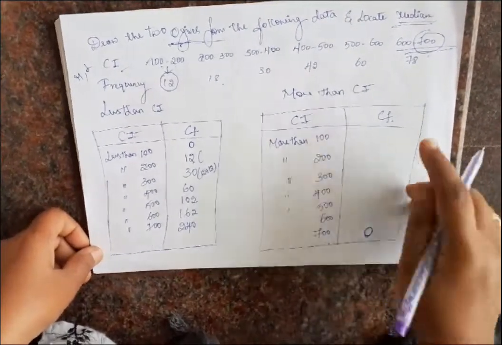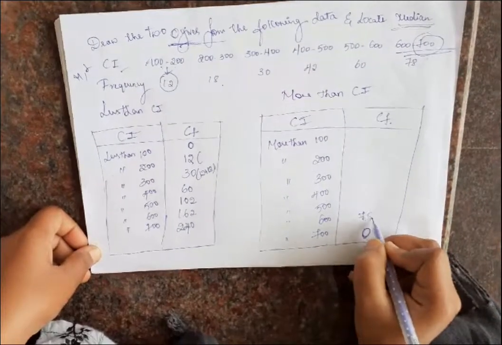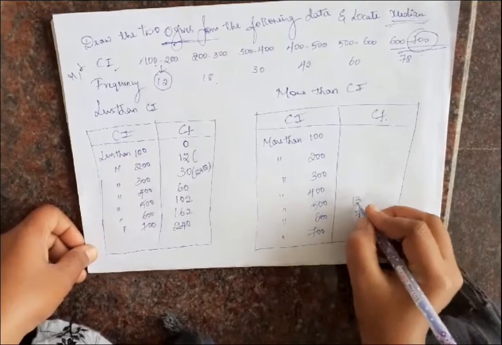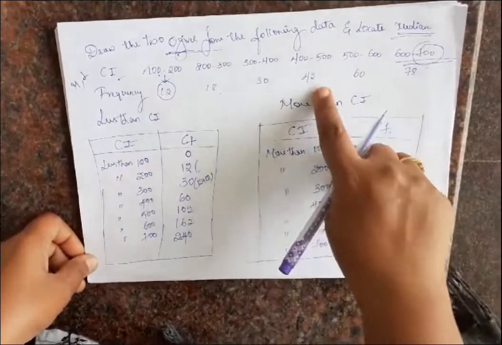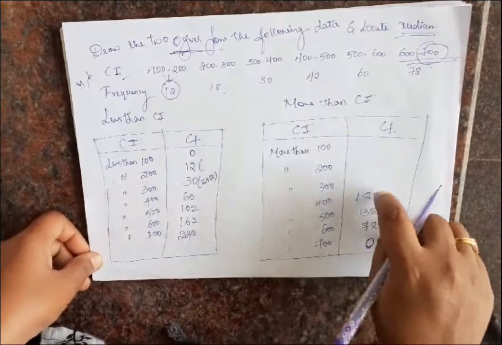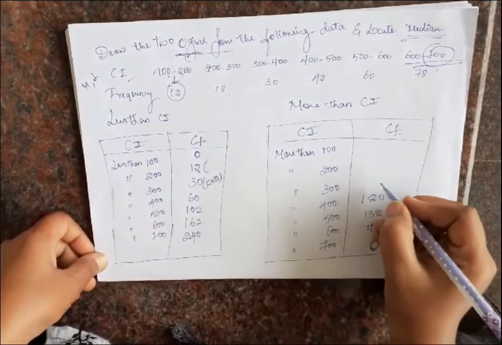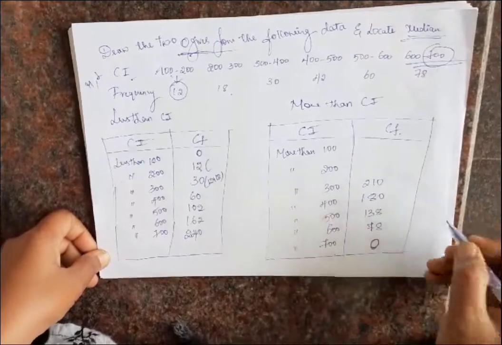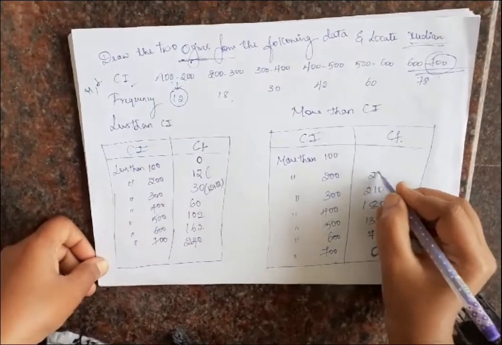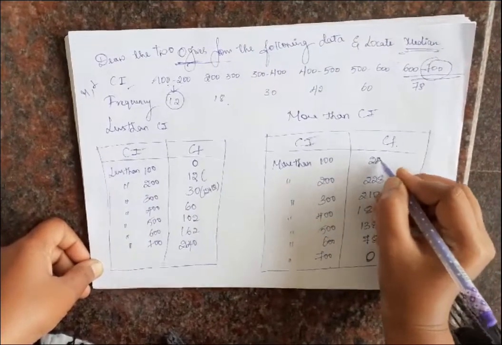So 0, then we have 78. For 78 you should add 60, you will get 138, and for 138 you should add 42, so it will be 180, and for 180 you should add 30, you will get 210. For 210 you should add 18, you will get 228, and this is 240.